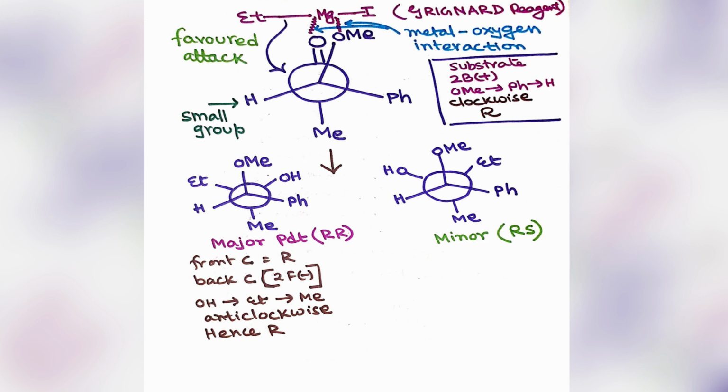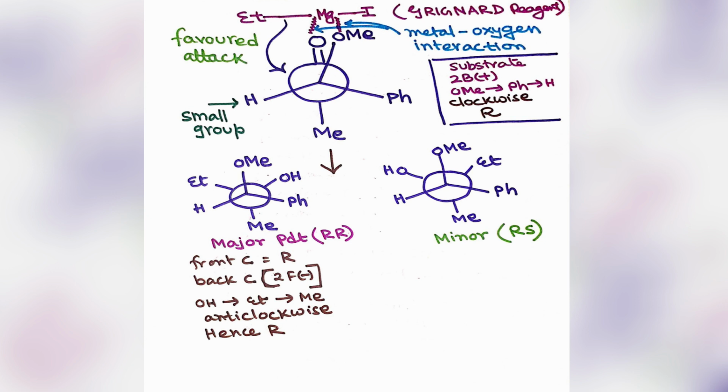After writing these, we have to see the remaining two groups, which here are hydrogen and phenyl. Between these two, the smaller group is the hydrogen. So the ethyl group from the reagent will come from the hydrogen bearing side, leading to the product.